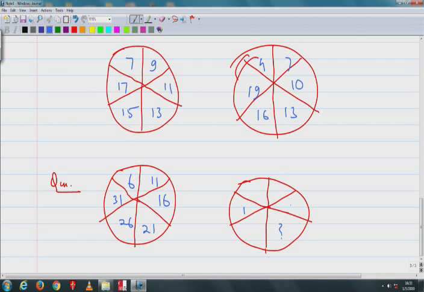Here we have 5, 9. Here it is 1, 5, 9, 21, question mark.